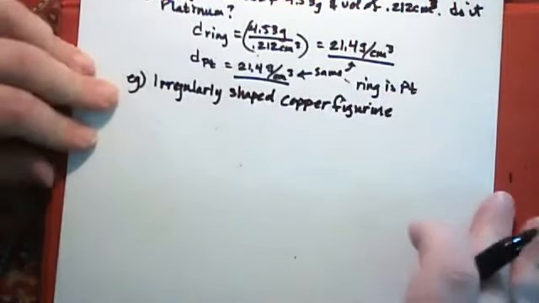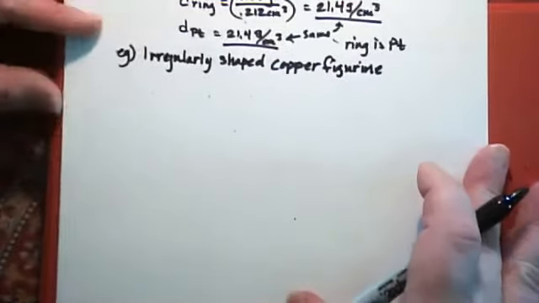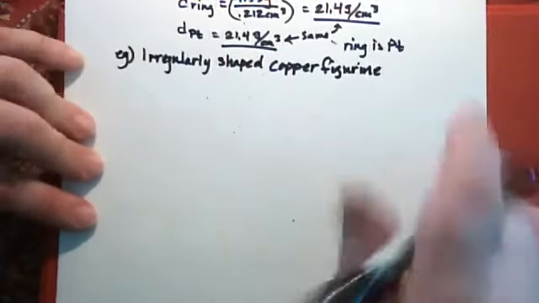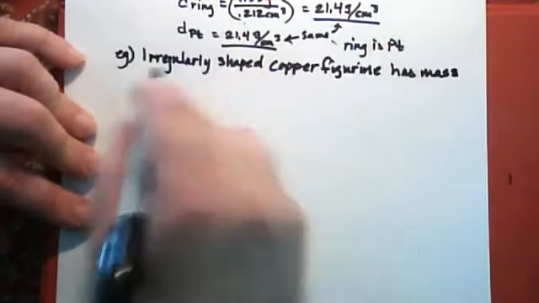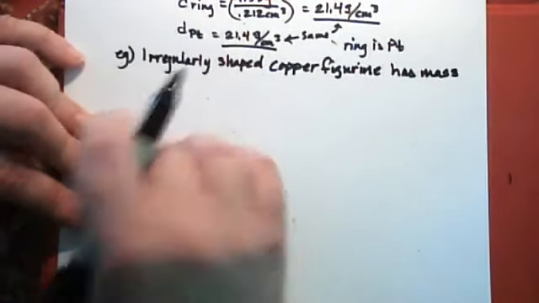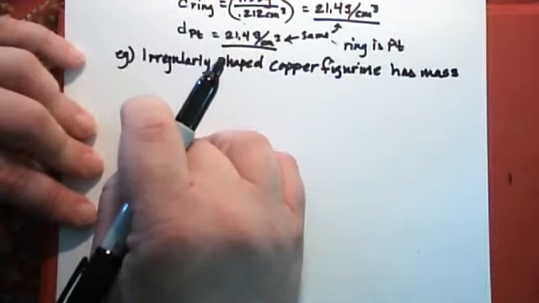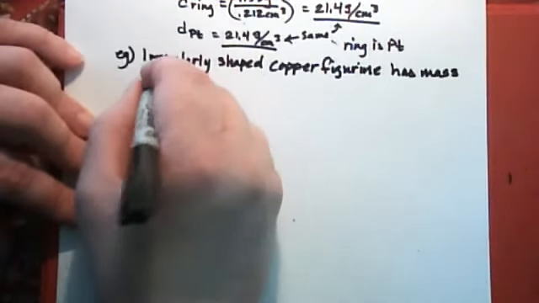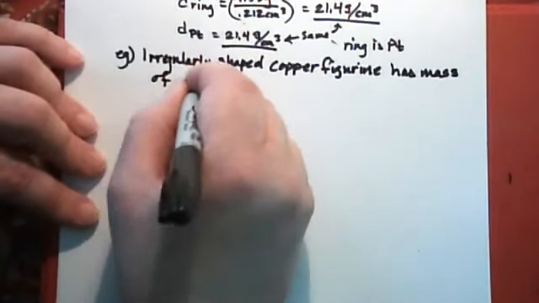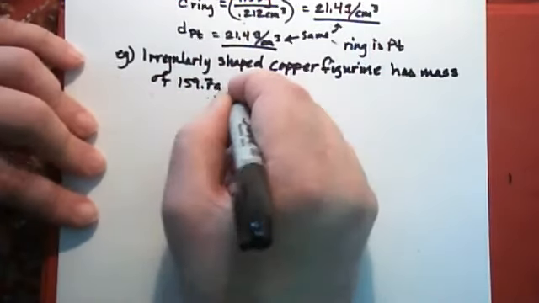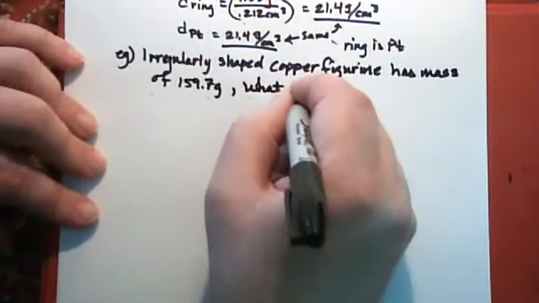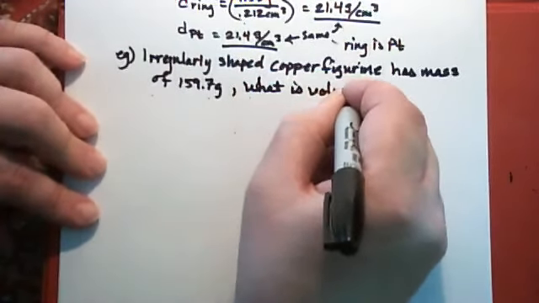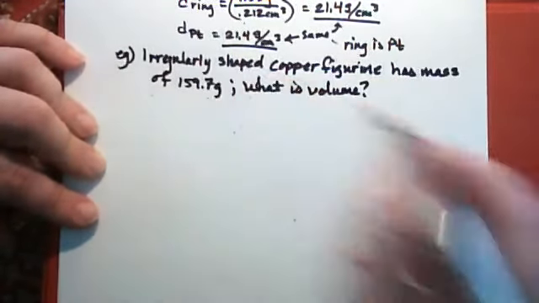suppose you've got an oddly shaped figurine that's made of copper. I say it's irregularly shaped, just meaning that you can't measure the volume by taking measurements with a ruler, and it has a mass of 159.7 grams. And so what is its volume?